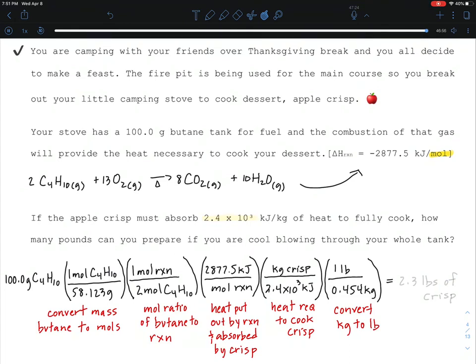So if I do this out, it looks like 2 sig figs, I'm limited by the heat necessary to cook the food, and I get 2.3 pounds of crisp before I kill off my tank.